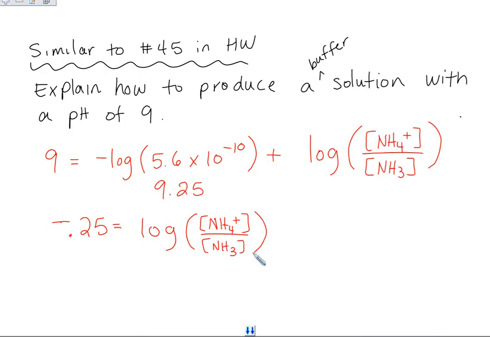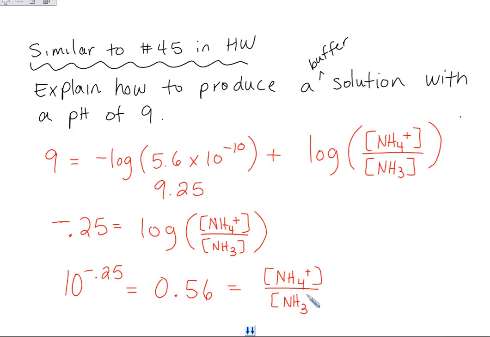Okay, so now we can pretend that we are in advanced algebra, and let's solve for this ratio. If we go 10 to the negative 0.25, that gives me about 0.56. That is this ratio: concentration of NH4 over concentration of NH3, ammonia.